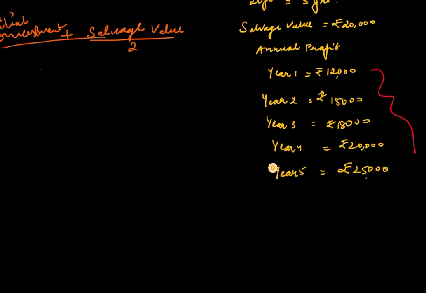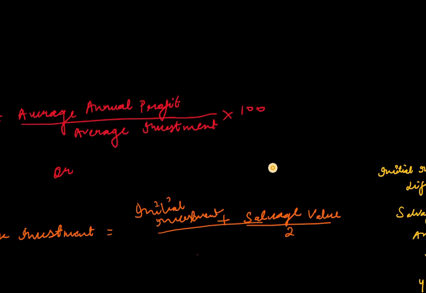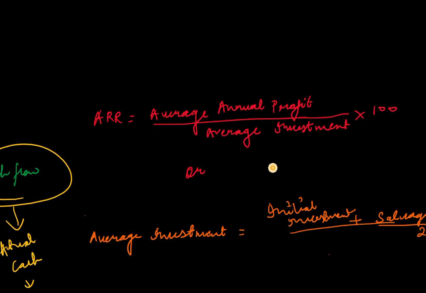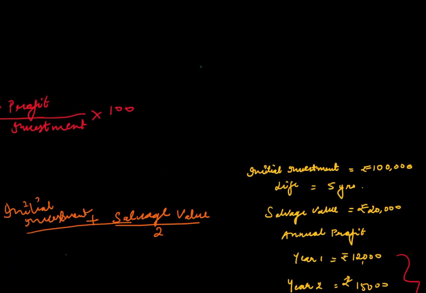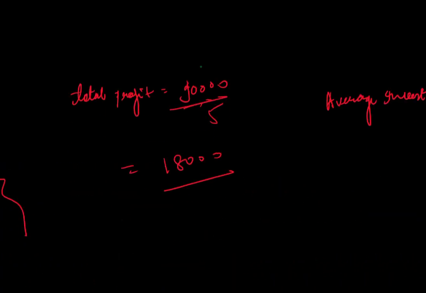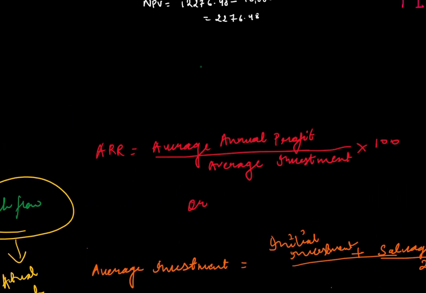Now to find out the ARR, we have to use this particular formula, right? So let's substitute the values here only. Like we have the average annual profit of 18,000, right? 18,000 and we had the average investment of 60,000.